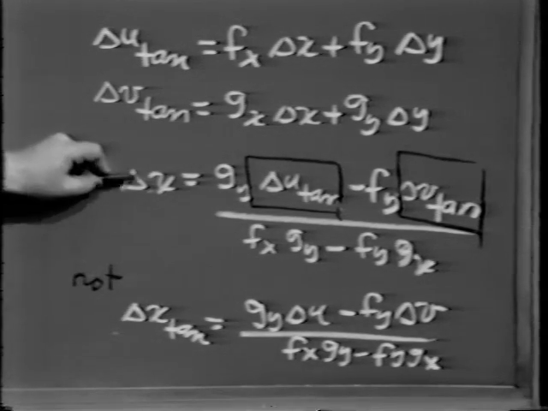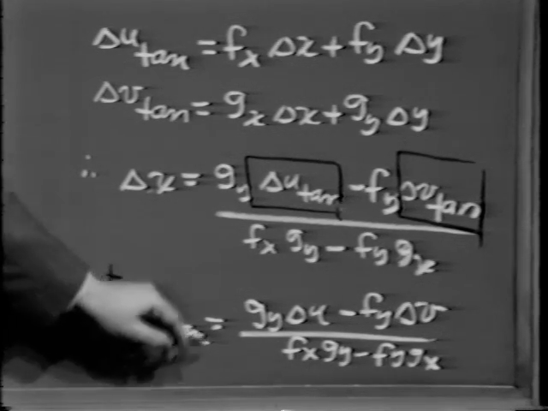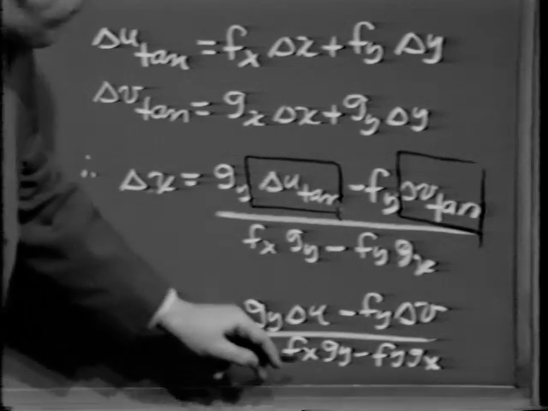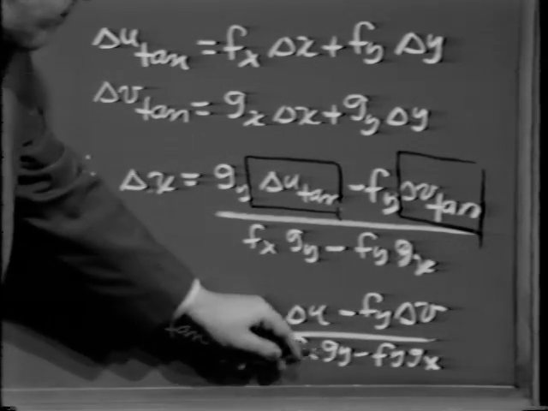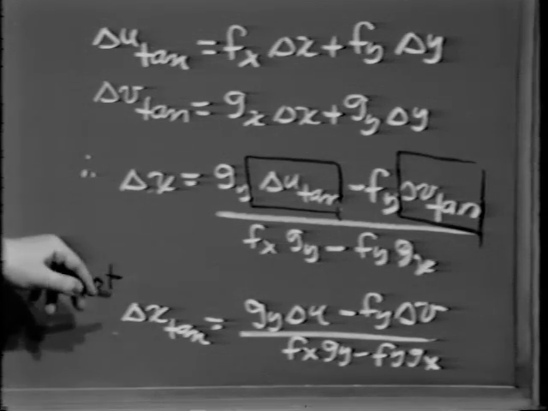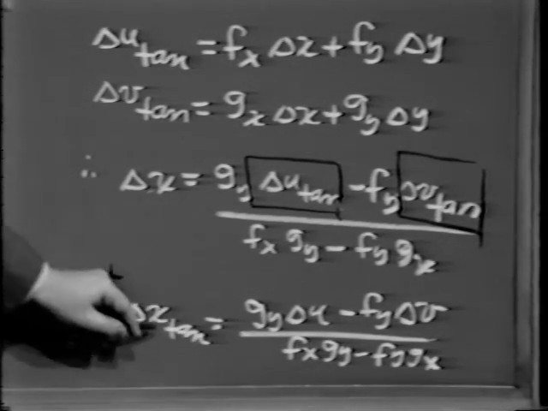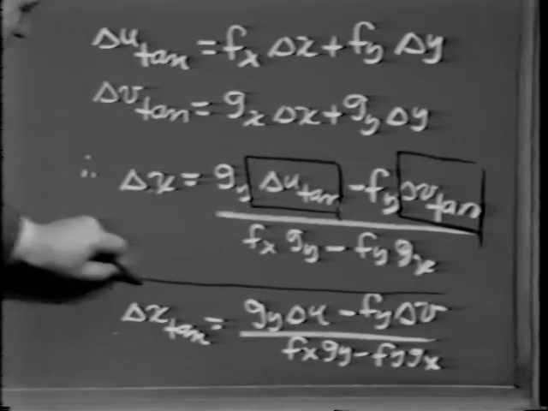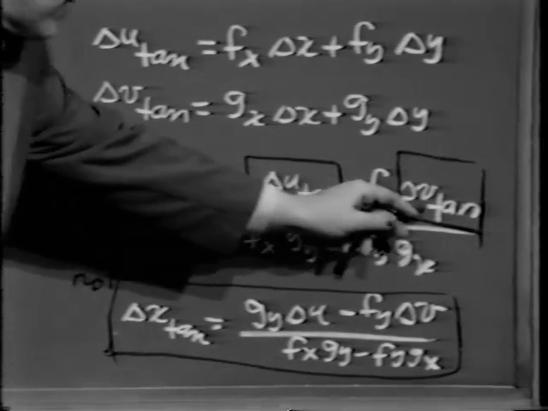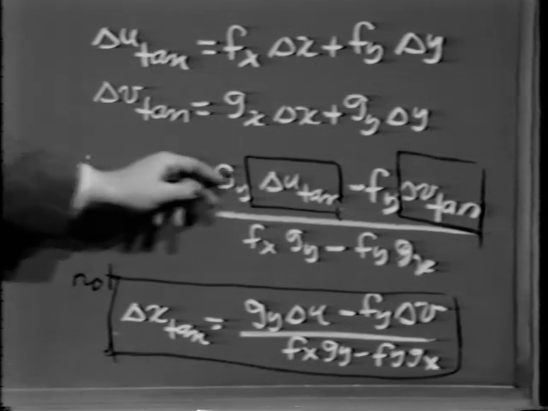We found this, not delta x tan equals g sub y delta u minus f sub y delta v over f sub x g sub y minus f sub y g sub x. To invert this required that this was the expression that we had, yet the expression that we were really evaluating was this one.